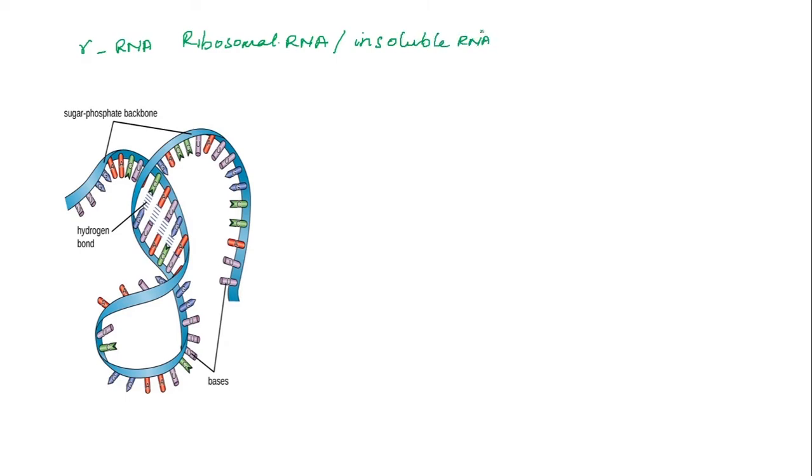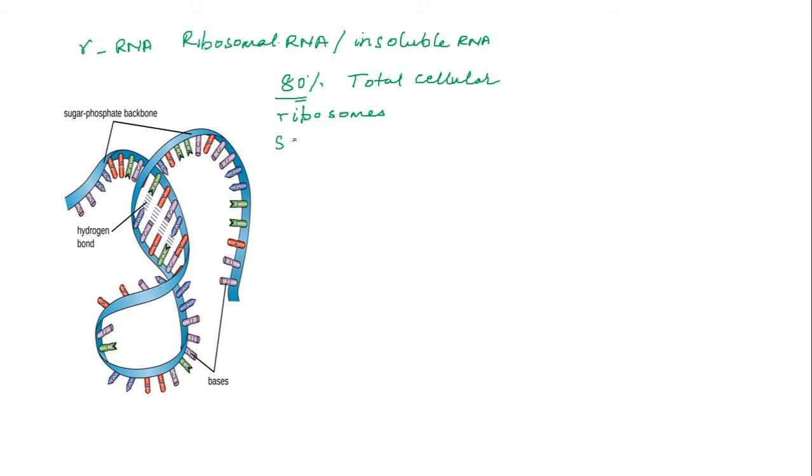Within the cell, it constitutes 80% of the total cellular RNA. Of all the RNA, 80% is rRNA. It is found primarily in the ribosomes.